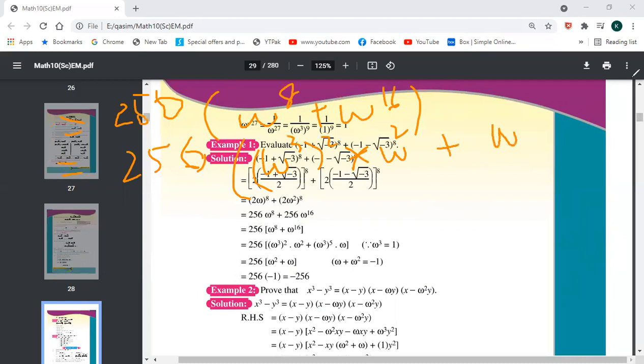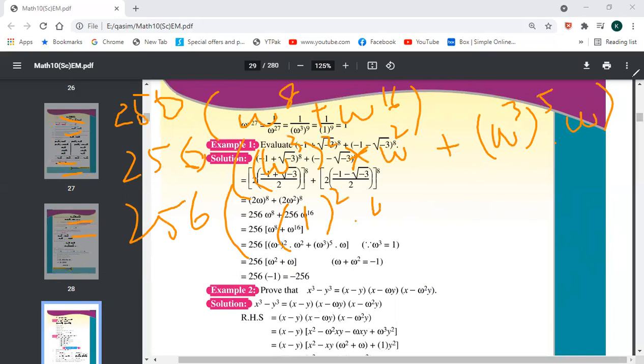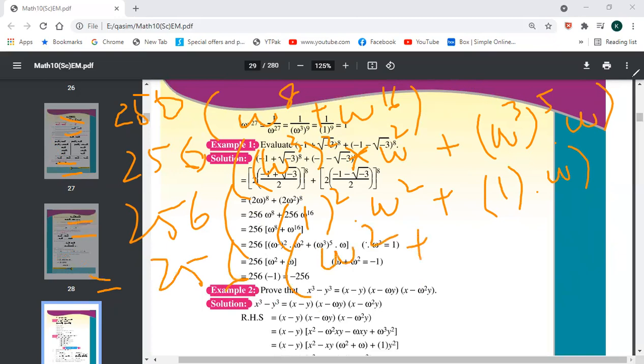Because omega cube equals 1. So this must be 256 times (1 square omega square plus 1 into omega). So this equals 256 times (omega square plus omega).